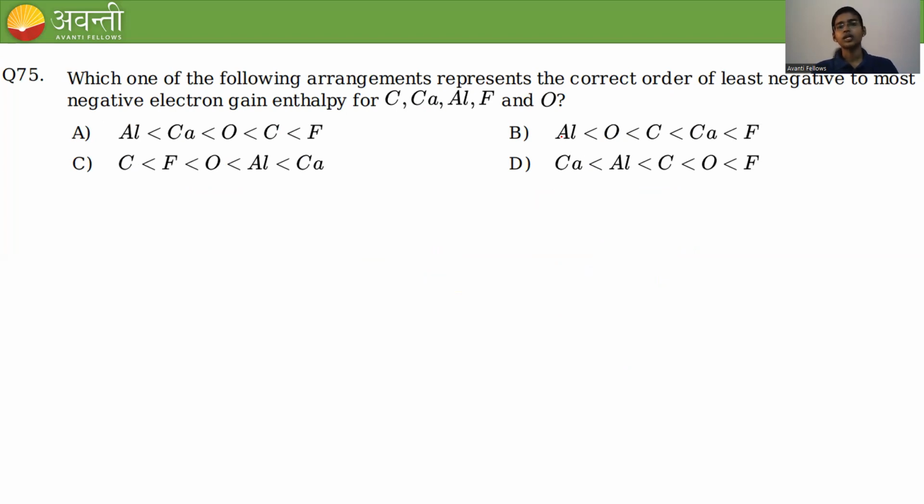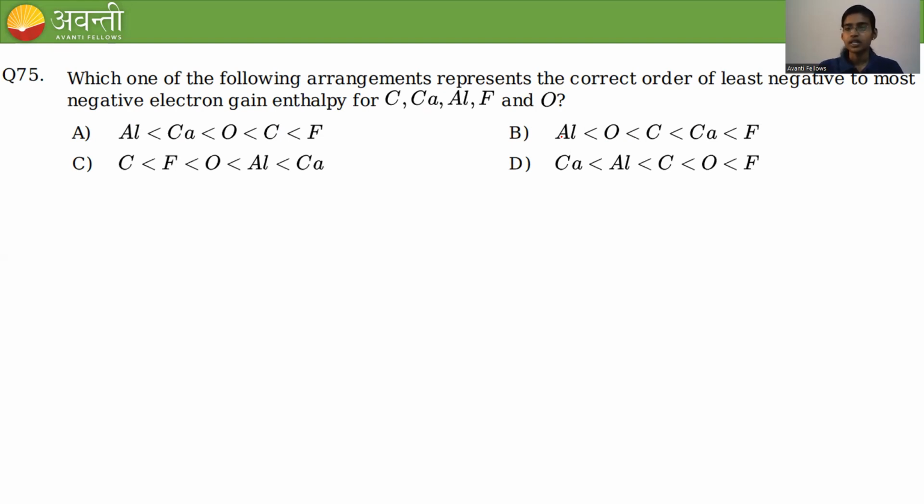Which of the following arrangements represent the correct order of least negative to most negative electron gain enthalpy for the given species? So what is electron gain enthalpy? Electron gain enthalpy is the amount of energy released when an atom gains an electron, right?